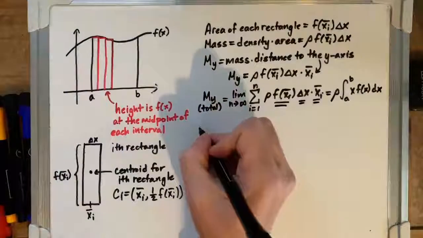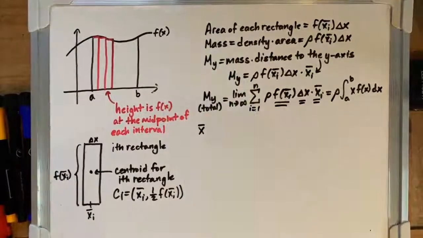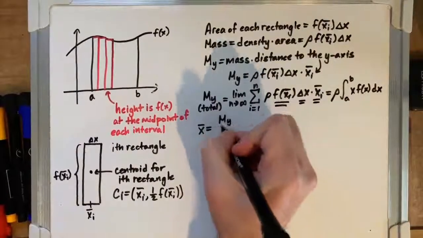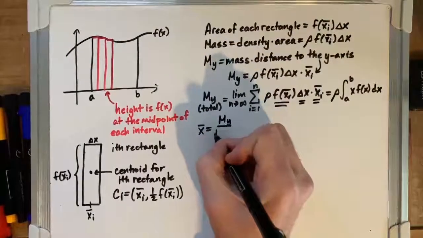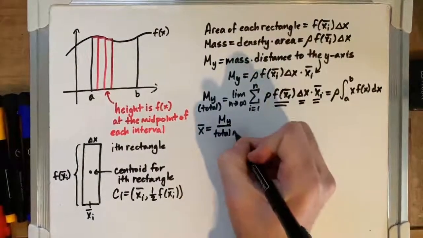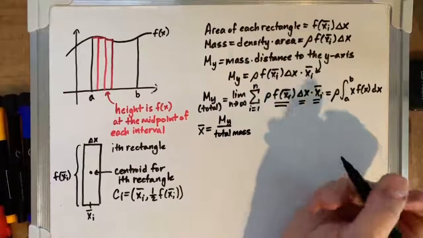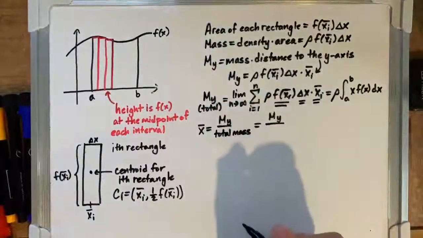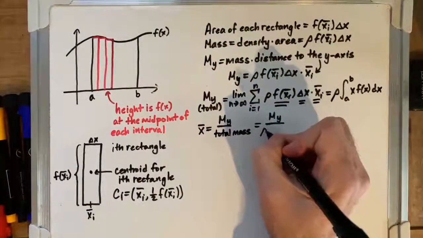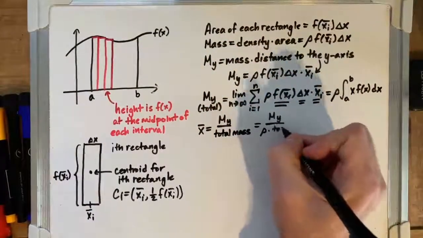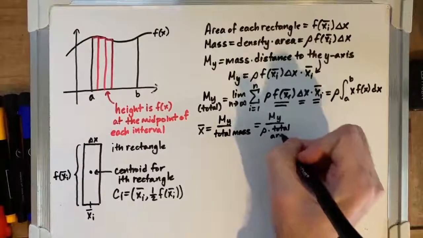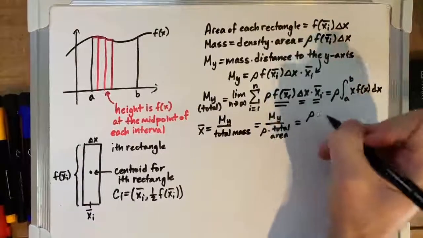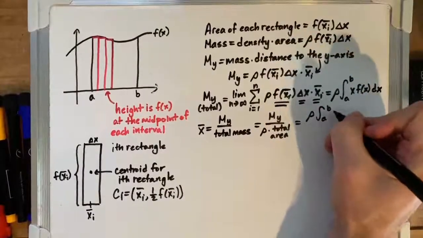Now, the x location of the centroid is going to be your moment divided by the total mass, which is going to be the moment that we just figured out up there. And then the total mass is going to be the density times the total area. Now, if you notice here, we're going to have a density in both the numerator and the denominator.